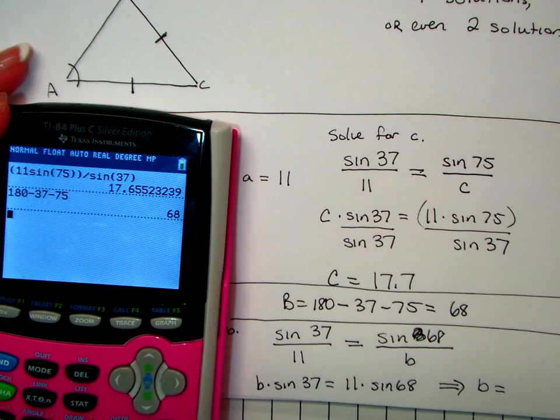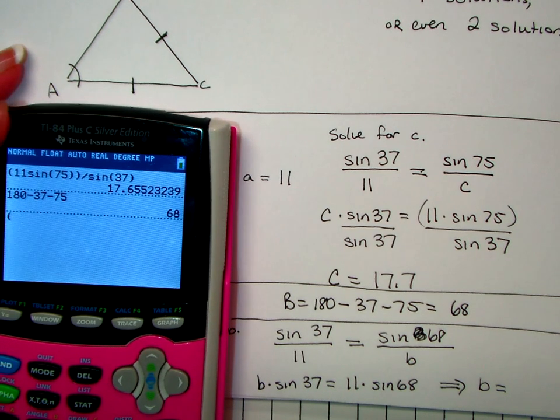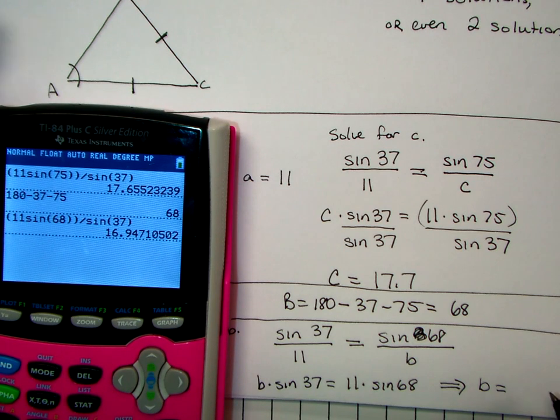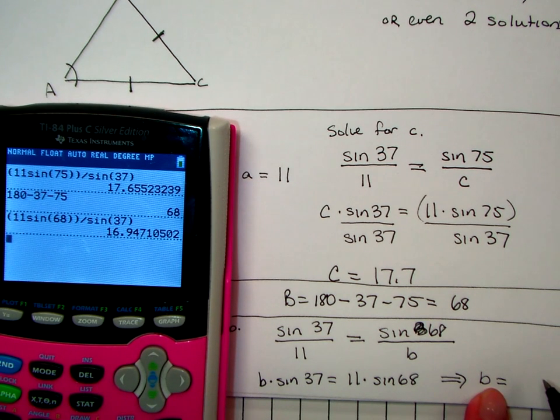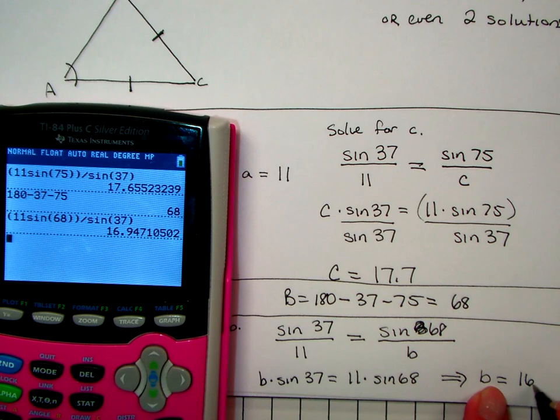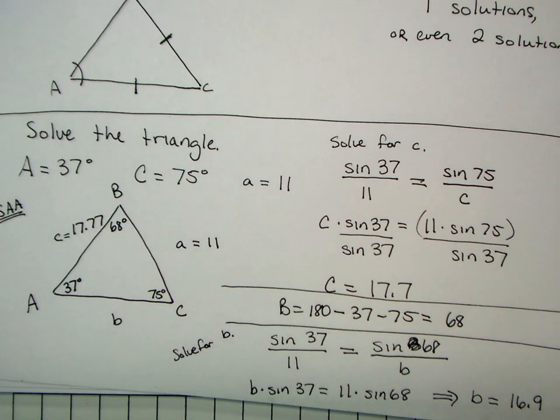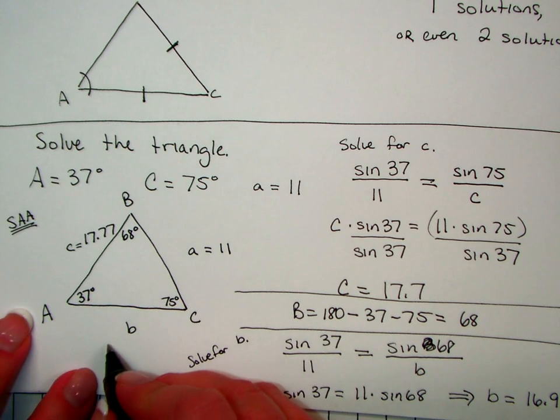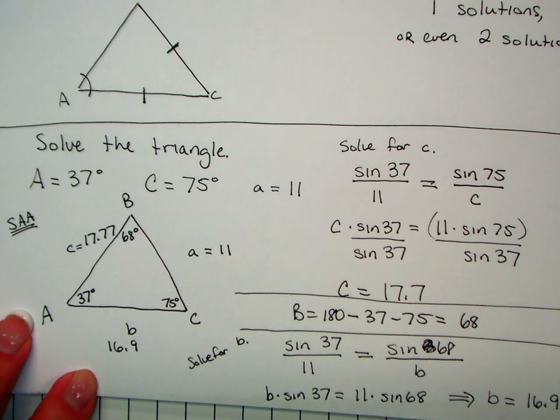All right, so again, parentheses, 11 sine 68 divided by sine 37 is 16.947. So I'm just going to use 16.9 here. All right, so watch the decimal places. But my last side, 16.9.